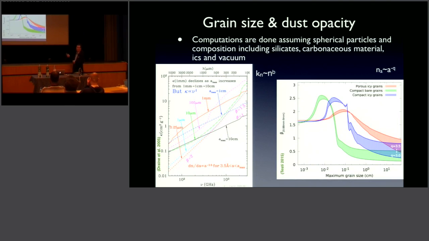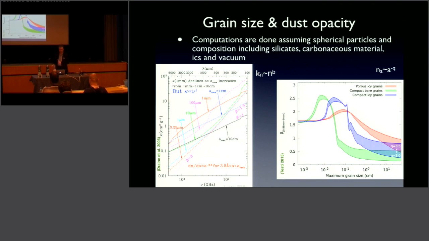If you add porosity, which means that you have vacuum inside the grain, so the grain is not a spherical block but, as we showed yesterday, can grow in a fluffy way, then this is your way of computing this. This again implies that for a given value of beta that you measure, this corresponds to grains that have grown to larger sizes, okay?